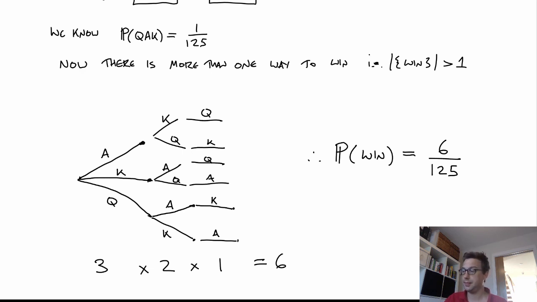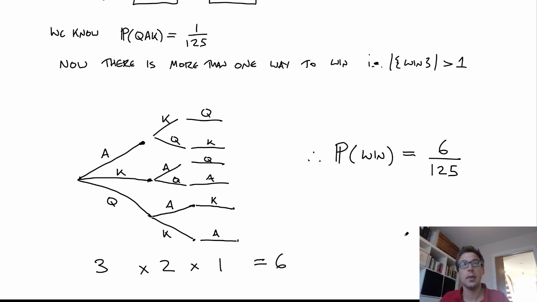Something happened there. We had to consider something that wasn't the same as the multiplication before, where it was just 5 times 5 times 5. Now it's a special kind of multiplication. We're going 3 times 2 times 1, decreasing each time by 1, and that's what a factorial does.